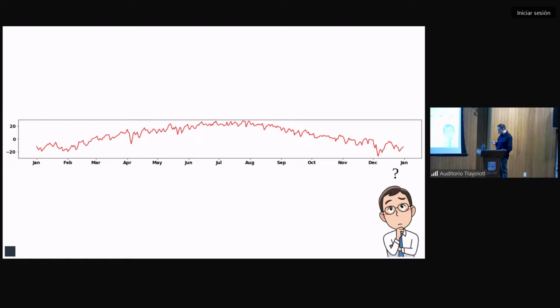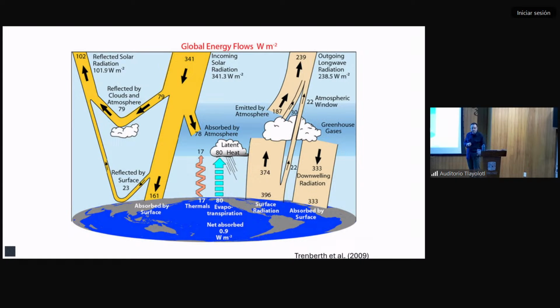We know there is a balance of energy, the incoming radiation and the outgoing radiation, and this balance produces a mean equilibrium value.